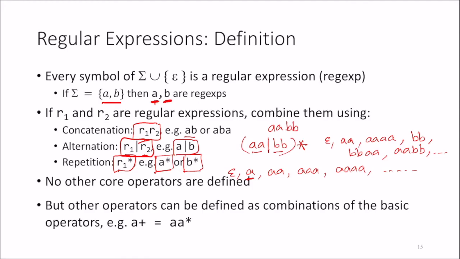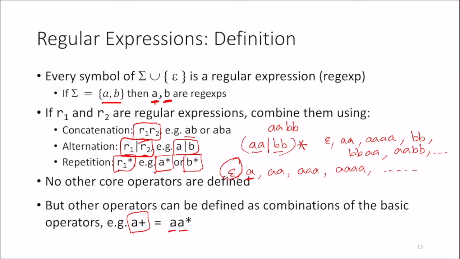Like for example, if I don't really want the empty string, because often it's not that useful to match the empty string if I'm writing down a pattern, then I can write down A plus, and plus just means that I have to have at least one A, and then I can have 0 or more A's after that.